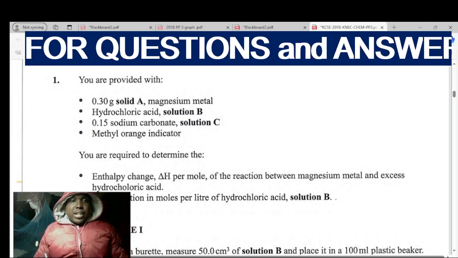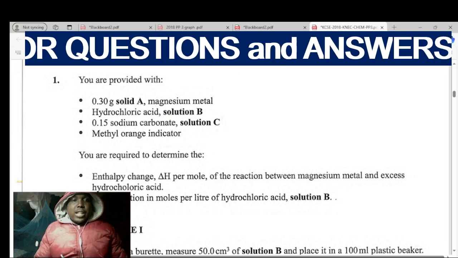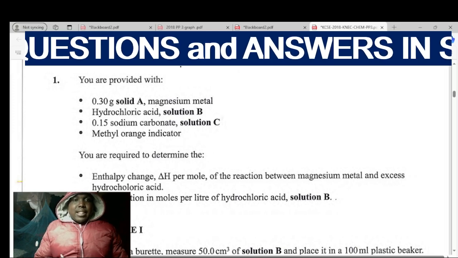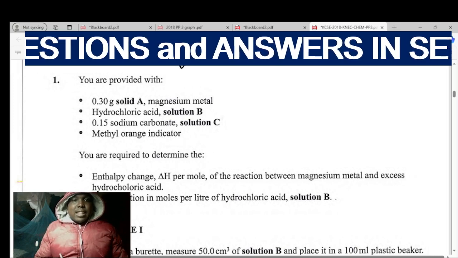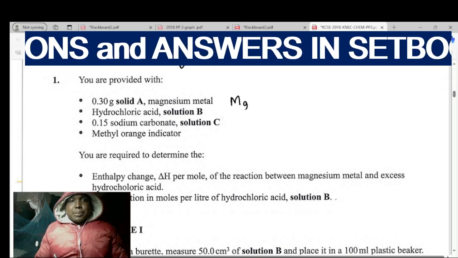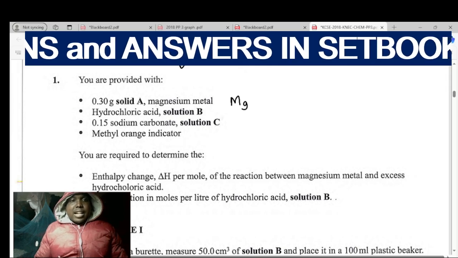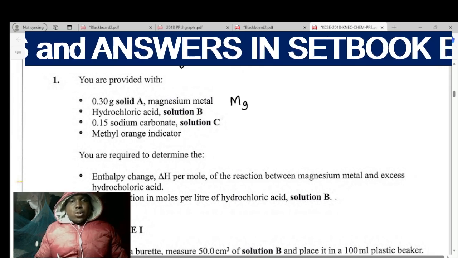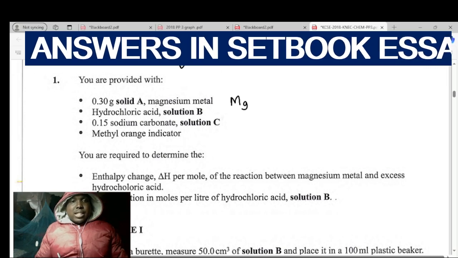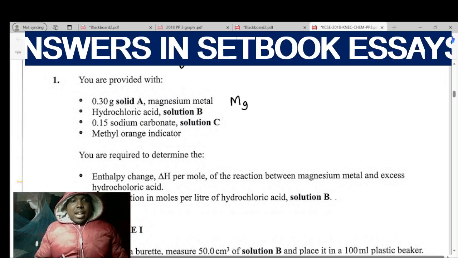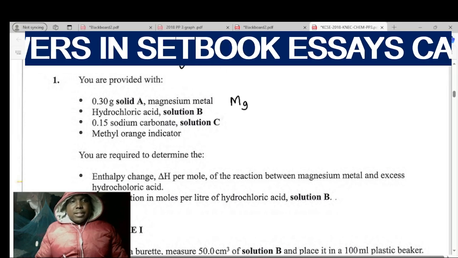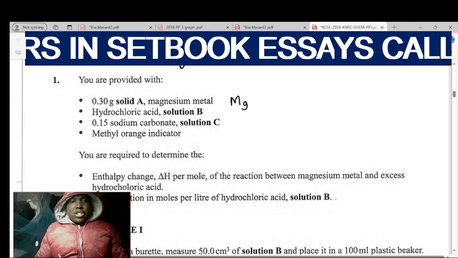You are provided with 0.3 grams solid A, which is magnesium, and hydrochloric acid solution B, 0.5 sodium carbonate solution C. This one was supposed to be 0.5 molar solution C, methyl orange.